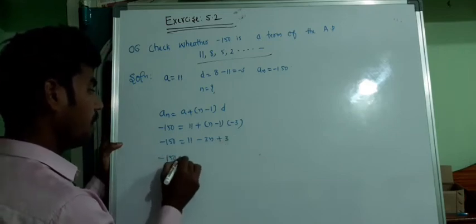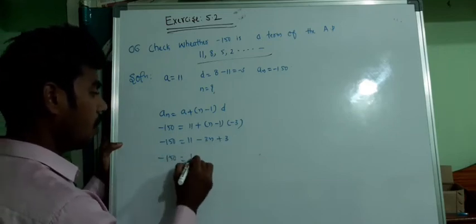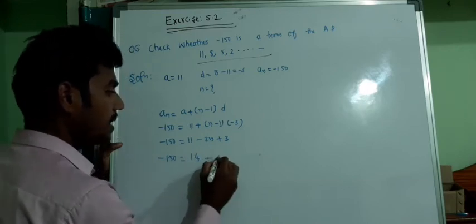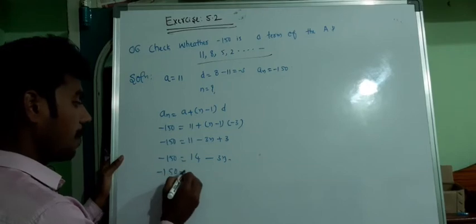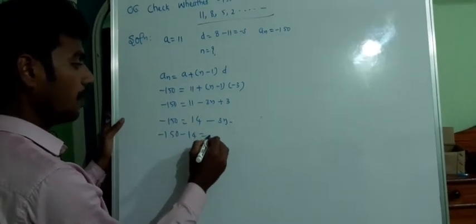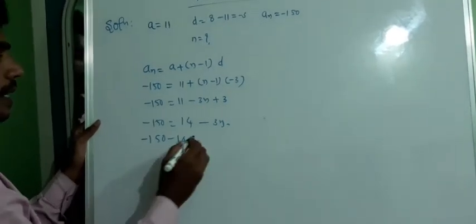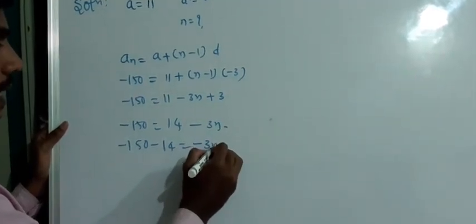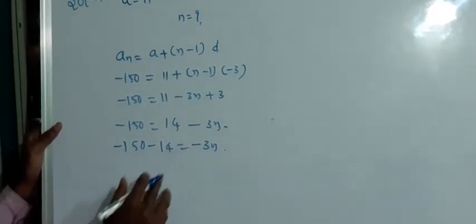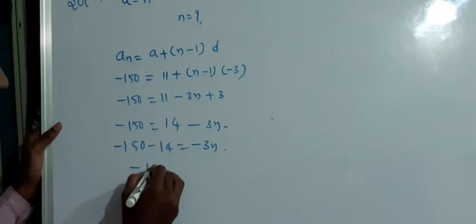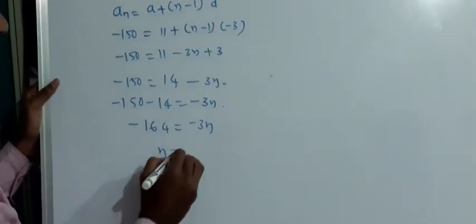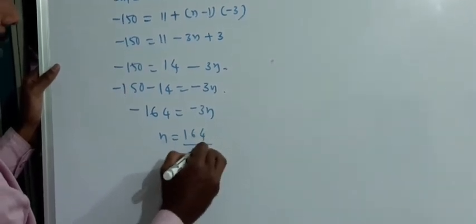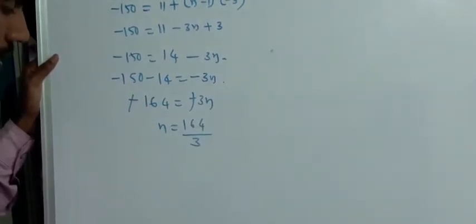Minus 150 is 11 plus 3, 14, minus 3n. Minus 150 minus 14 is equal to, this 14 I'll transfer to the left hand side, equal to minus 3n. Minus 150 minus 14, that is minus 164, is equal to minus 3n. n is equal to 164 divided by 3. This minus will get cancelled.